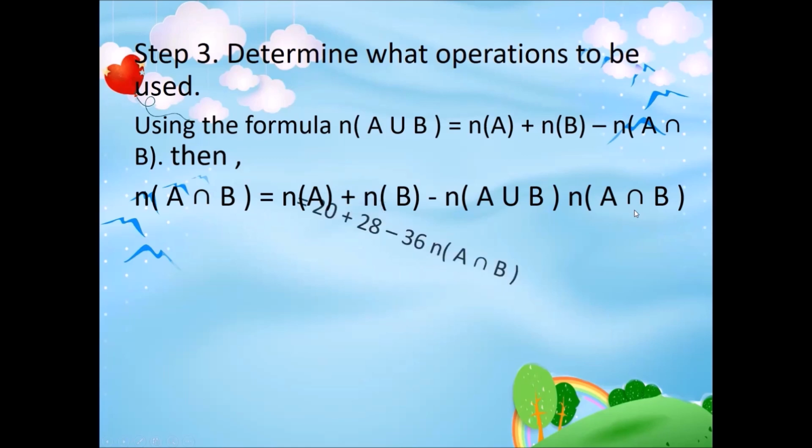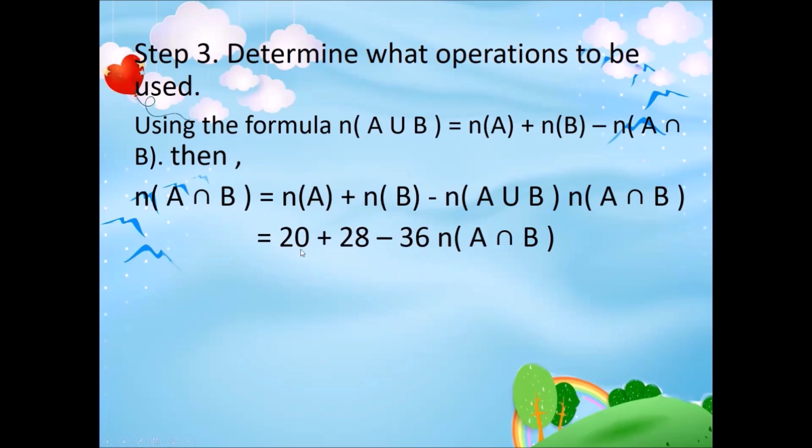So this is by substitution. Number of elements of set A is 20 and number of elements of set B is 28. And number of elements of the union of set A and set B is 36.